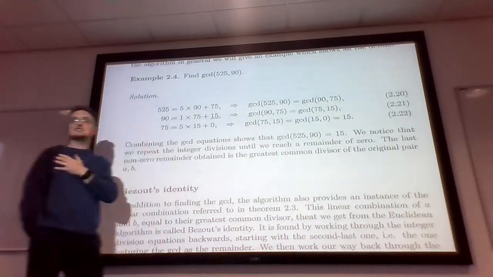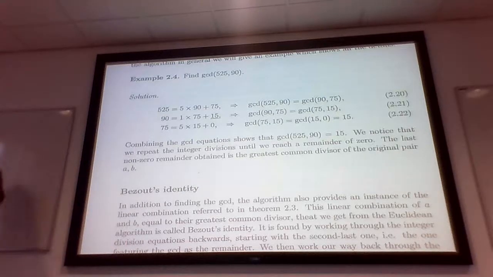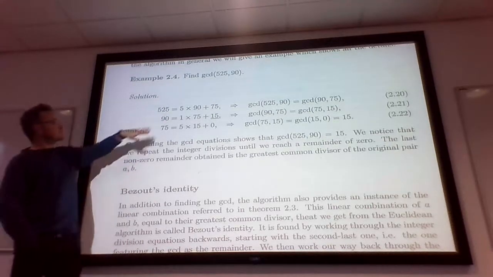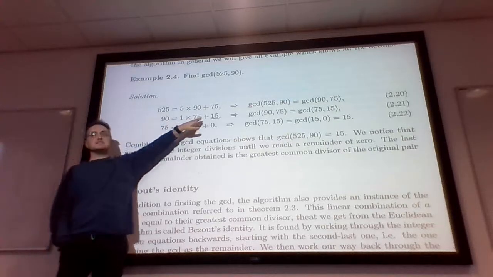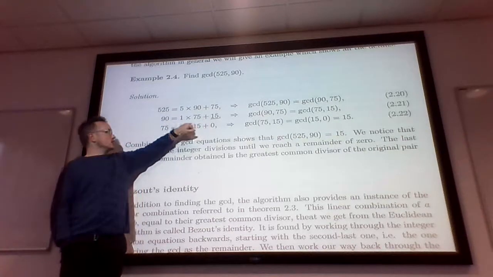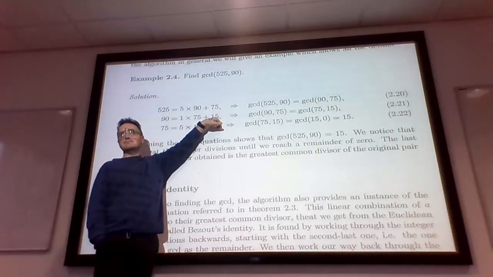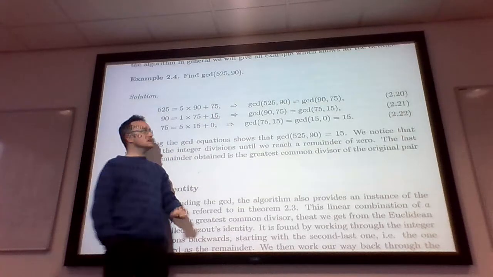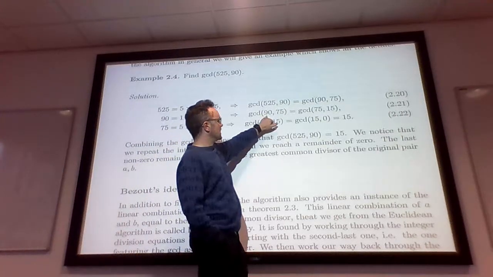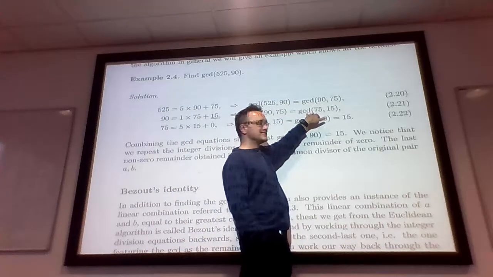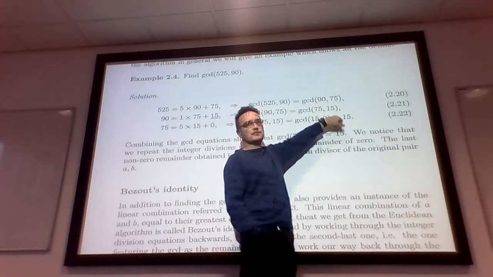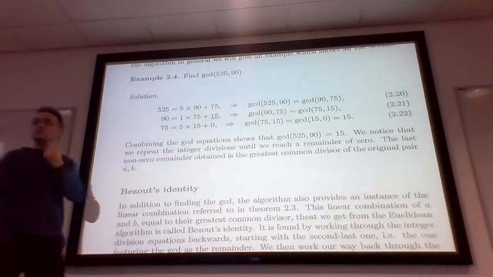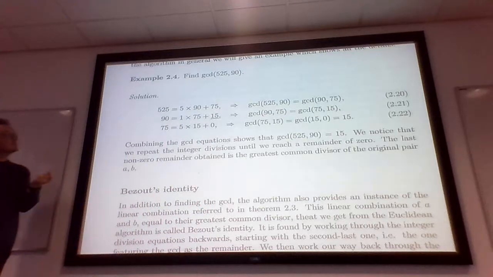So we've got an easier task, a simpler pair to deal with. We repeat the process. Now we divide 90 by 75. We find it goes in once with the remainder 15. We apply the lemma again. The lemma says the greatest common divisor of 90 and 75 is the same as the greatest common divisor of 75 and 15. So our pair is smaller still.